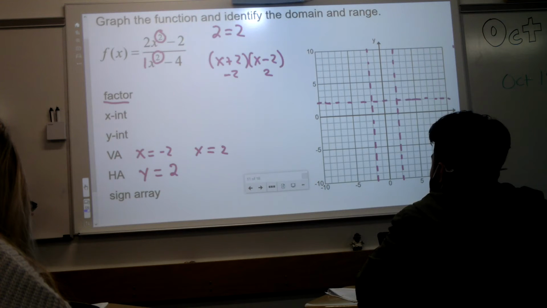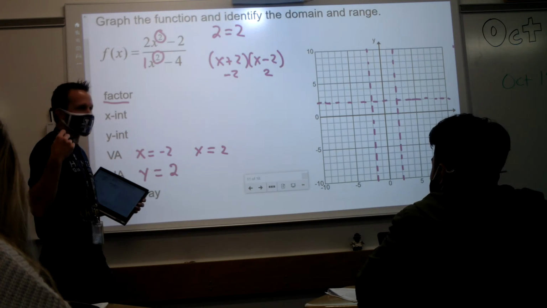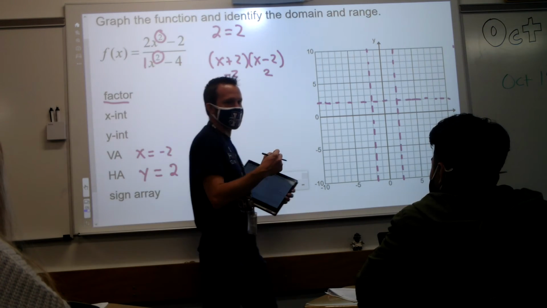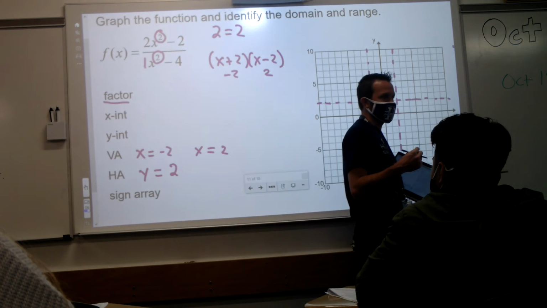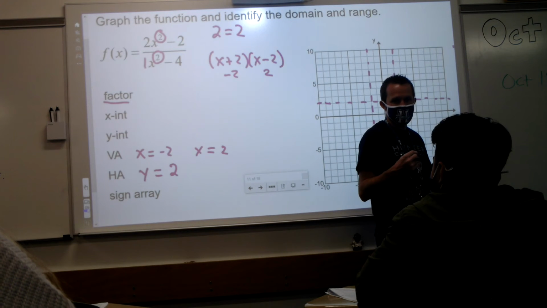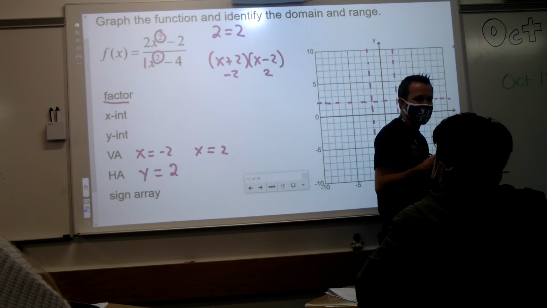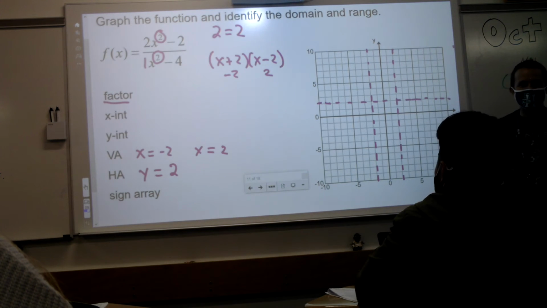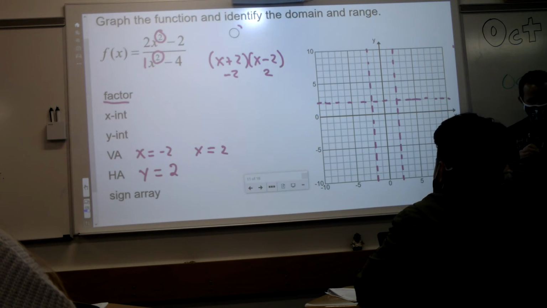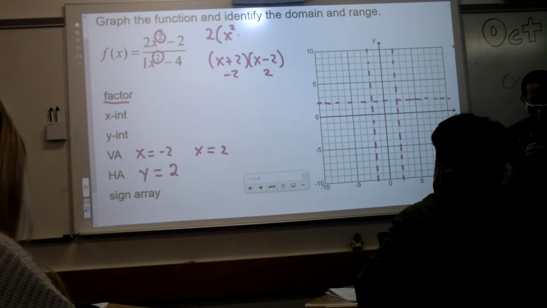Now, on the last one I gave you a clue. What's our first step? Always look for the what? GCF, greatest common factor. Christian, what would that be on the numerator there? So I'm going to factor out a 2. And when I do, that leaves behind x squared minus 1.